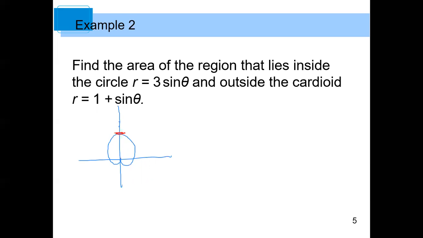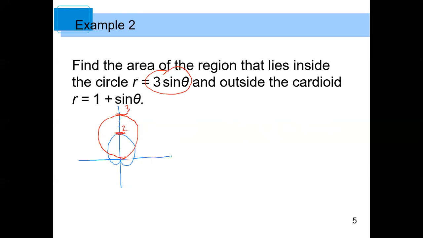Sine of pi over 2 is 1, so 1 plus 1 is 2. But I said this is a circle of diameter 3 that sits on the origin. So this is supposed to be 3.